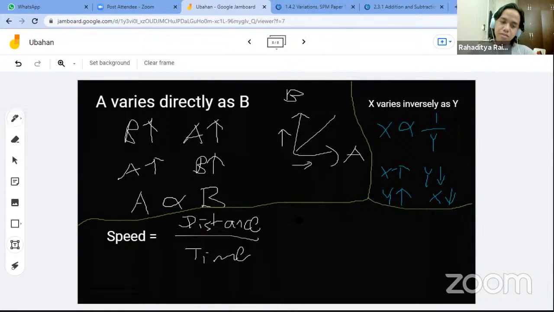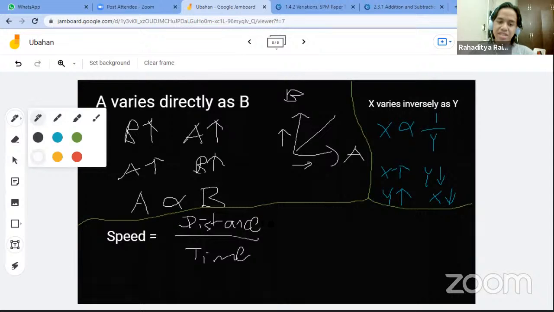So, speed equals distance over time. Okay, let's say we have s is equal to d over t. Let's say we have distance become constant.